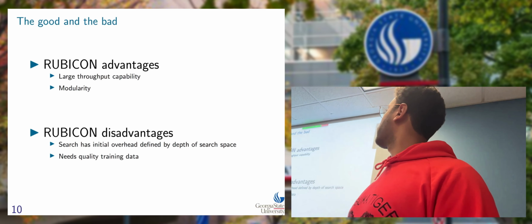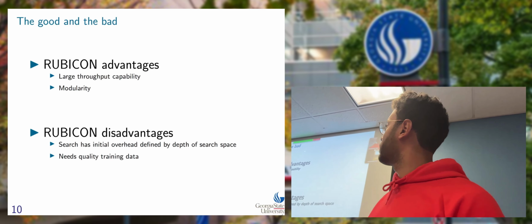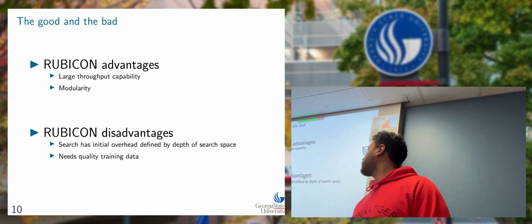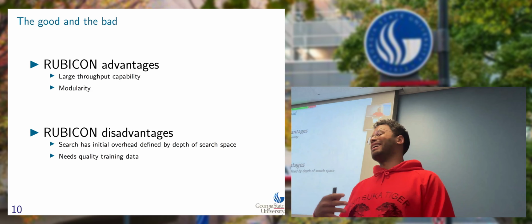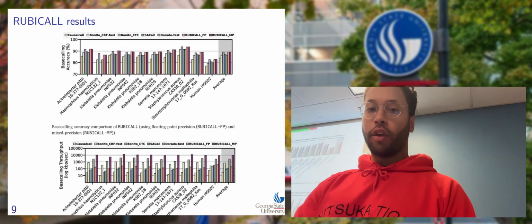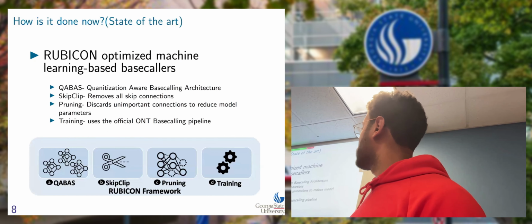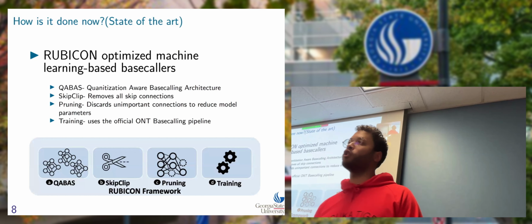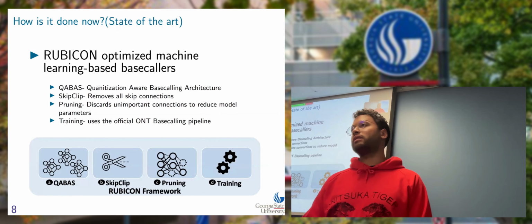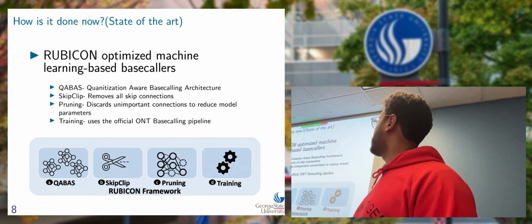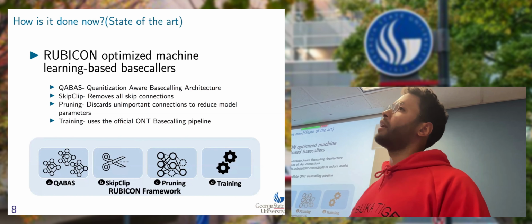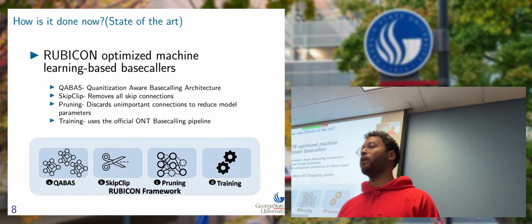Well, of course, this is the good, but what about the bad? Generally, you have an initial overhead during this Quabus step. It's good because it's modular, but it's also bad because it takes time. In a sense, I like to call it, you give a man a hammer, everything starts to look like a nail.